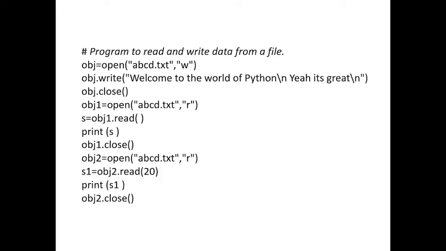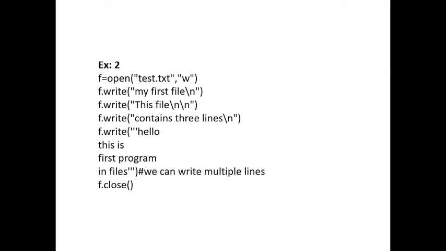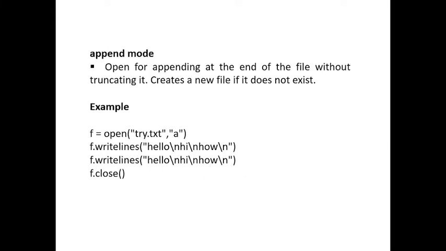Obj2 dot close. By that we completed this particular program. Then comes the next example, where we use open and \n, and three lines are given in the code, and we close the program. These are two programs, you can check them in the practical session.